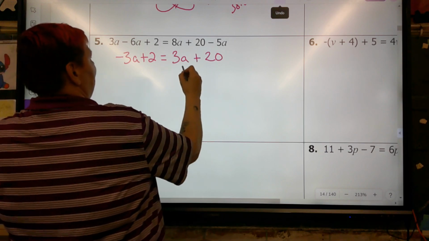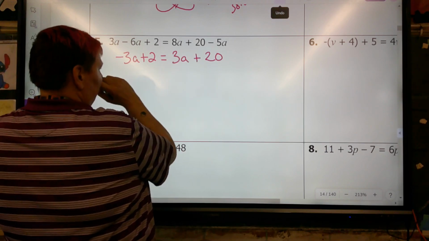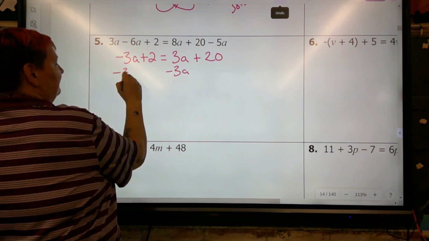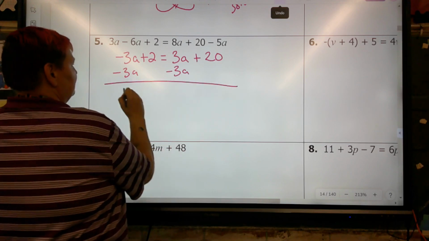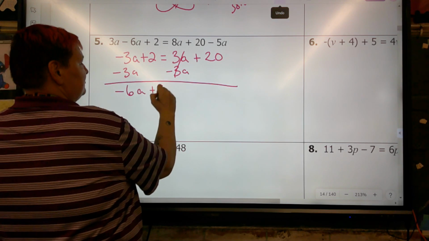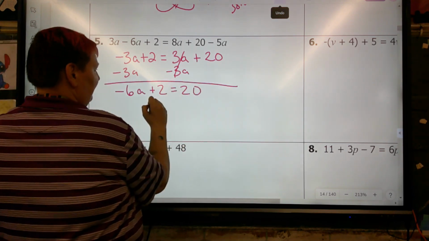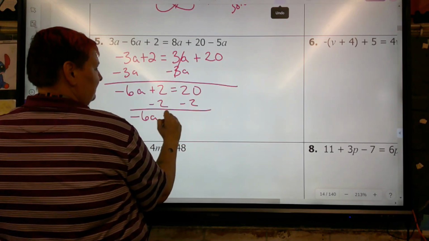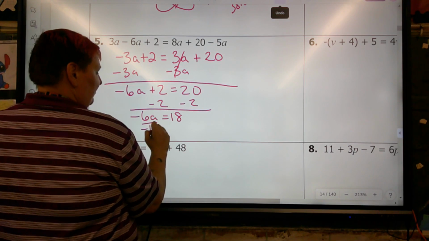All right. Let's get our variables on the same side. So we have negative 6a plus 2 equals 20. Get rid of our constant. Get rid of our coefficient.